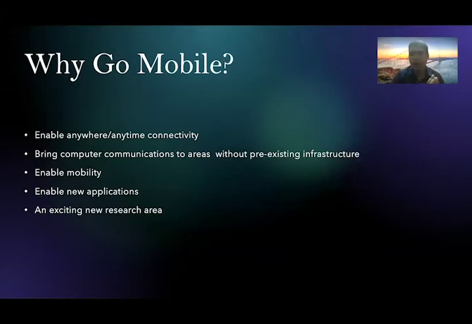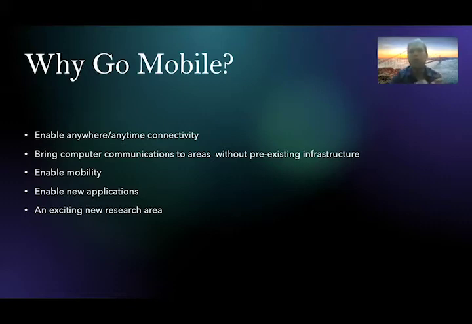Why do we go mobile? Right now, we're looking for mobile. Before this, we were looking for wired technology, but now we are moving to mobile technology. Of course, when we ask anybody, the purpose is that one is to enable anywhere, meaning that you can bring your device anywhere as long as we have a connection.